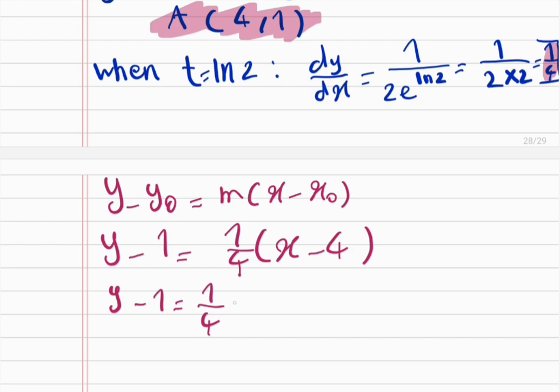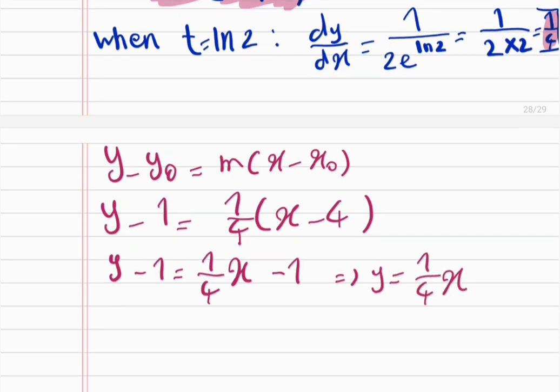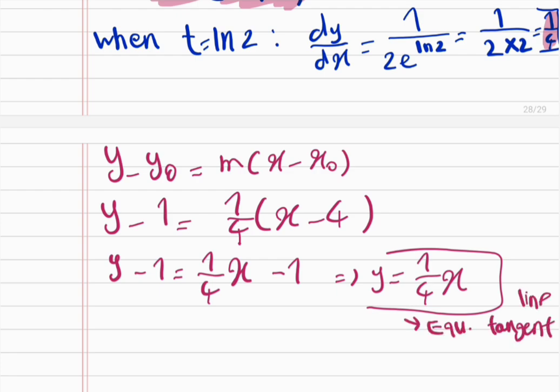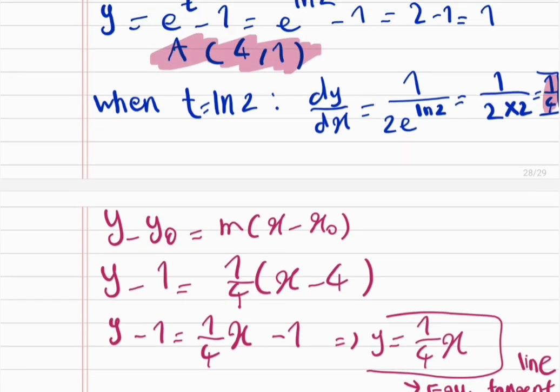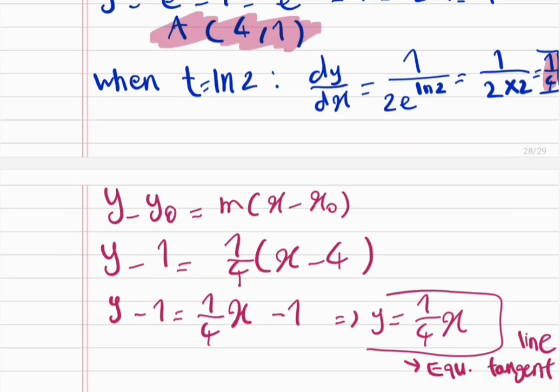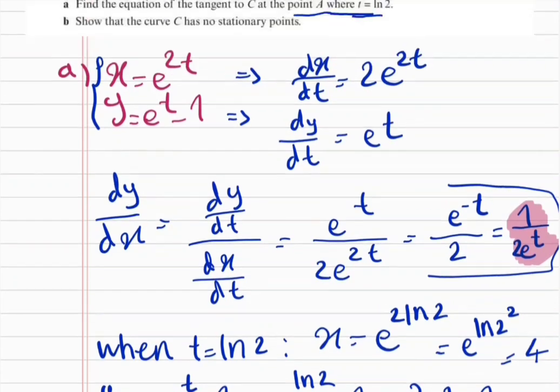First, let's expand the bracket, so it's a quarter x times minus 1. Then rearranging that gives us just 1 over 4 x. So this is the equation of the tangent line at point A. So yeah, this is the answer to part A.